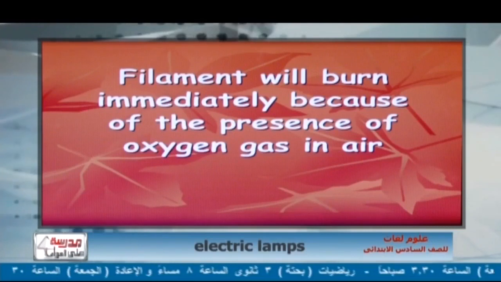So again the glass bulb must be vacuumed لازم افرغه من الهواء تماما and also the light bulb must be enclosed or must be covered by the glass bulb.